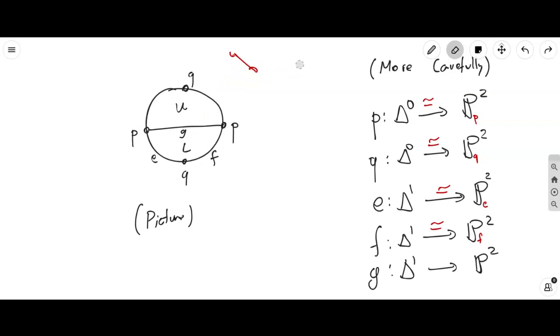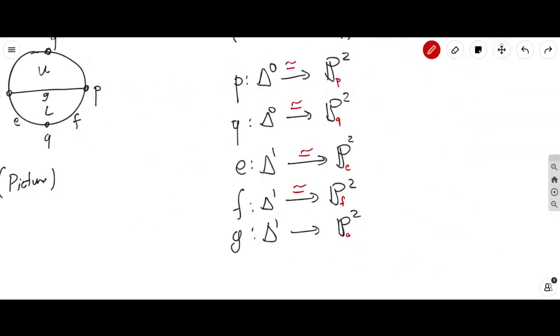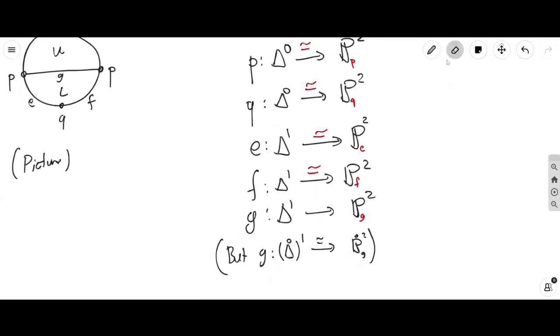This is no longer a homeomorphism. So these are homeomorphisms, but this one is not. But, and this is the whole point, if you look at G from the interior of the 1 simplex, it will then be mapped homeomorphically to its image.